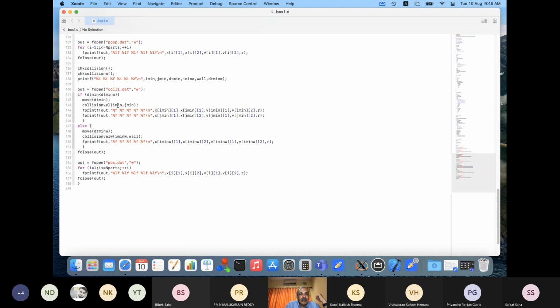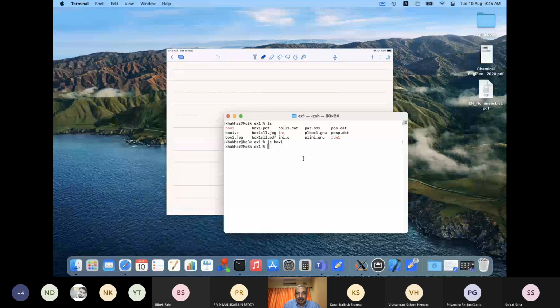Then it updates the velocities of the particles i min and j min which have collided, prints out their values, and writes down the positions again. This is like in Unix, where you can write scripts in which a series of commands are executed.